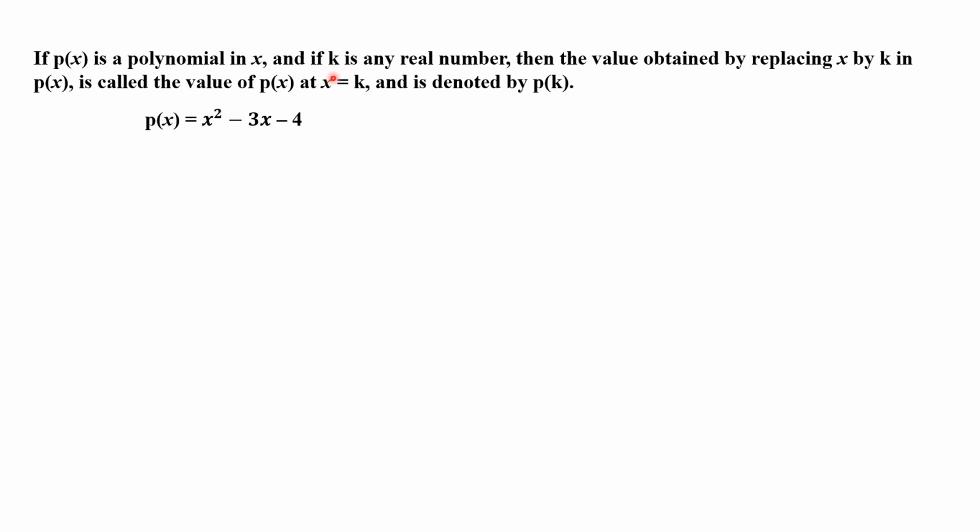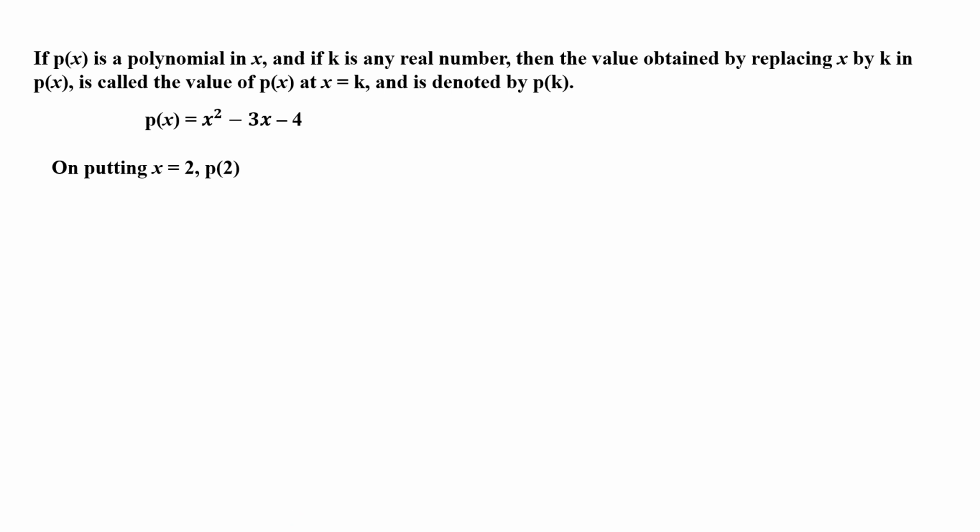Now what it says, you have to take one k which will be a real number and the value obtained by replacing x by k. So let's take, I am going to put now in place of x as 2 and I am going to find the value of p(2). So what I am going to get? The value of p(x) at x equal to 2 and it is denoted by p(2). So let's find out the value of it.